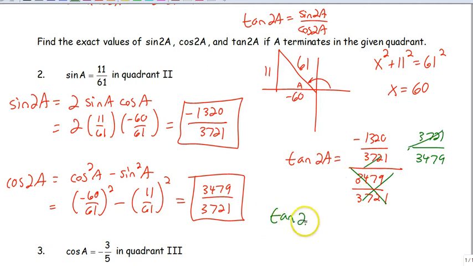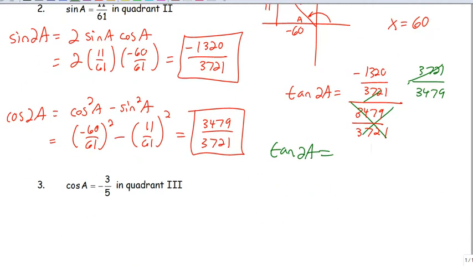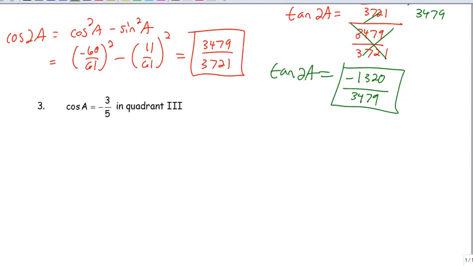So the tangent of 2a is equal to negative 1320 over 3479. And you didn't have to use that big formula on the double angle formula sheet. So it's much easier just to do that. And if you get the wrong answers for these but use this, then I'm fine with that. Just be careful with that though.